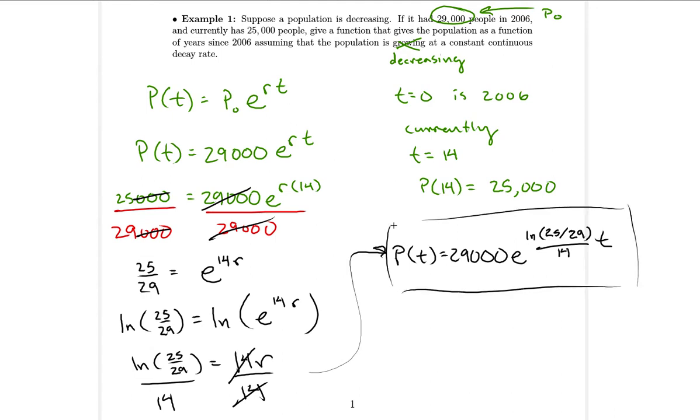Now the interesting thing here is, this is an exponential decay function. And when we have an exponential decay function, what we're expecting is a negative in the exponent. But the thing to remember is that anytime you take the log of a number smaller than 1, you do get a negative number. So we are in fact getting that property that we expect because that is negative.